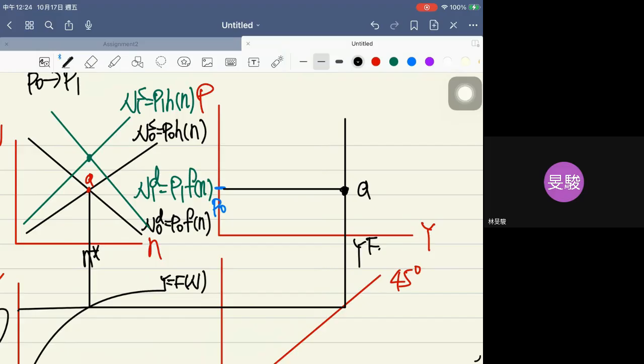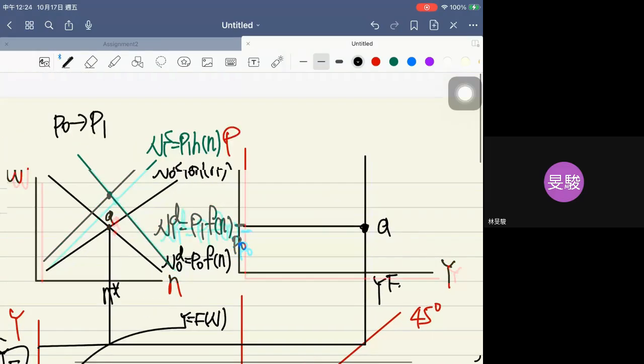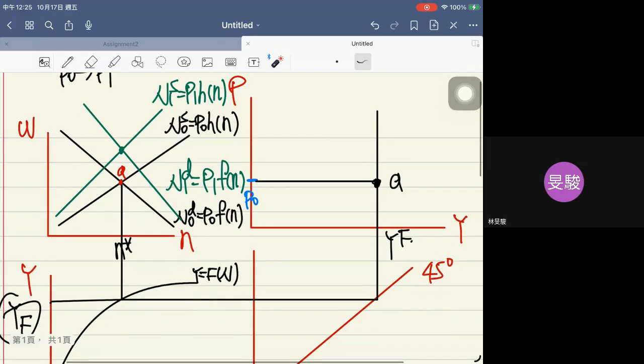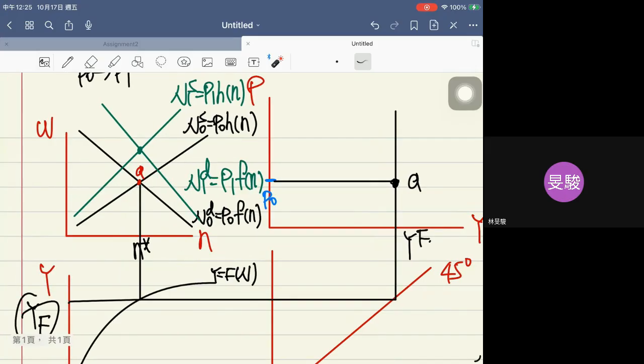A. Okay, and we made the price rise from P0 to P1, and we have seen that the labor supply and labor demand rise at the same time. So the equilibrium employment is unchanged, and the only change is the nominal wage.